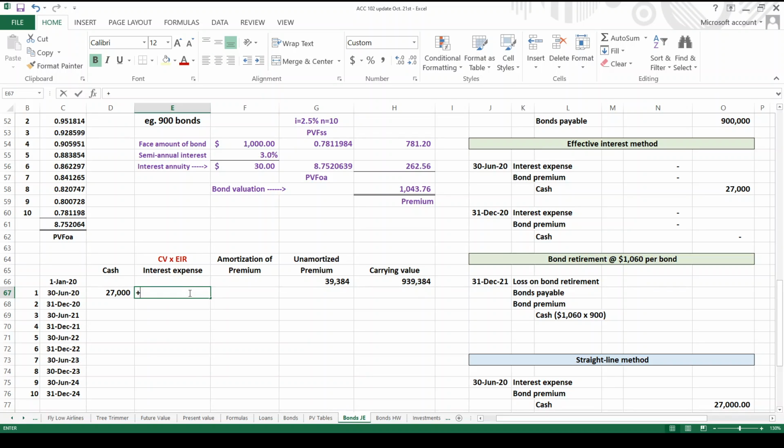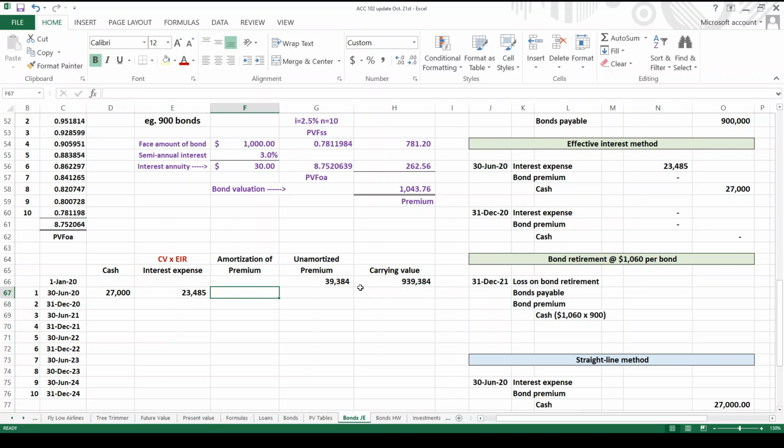So what's the carrying value? Take the 939,384 and multiply times the market rate or the effective rate, which is again 2.5%. And we get a number. What's the number? 23,485. What's the difference between these two numbers?